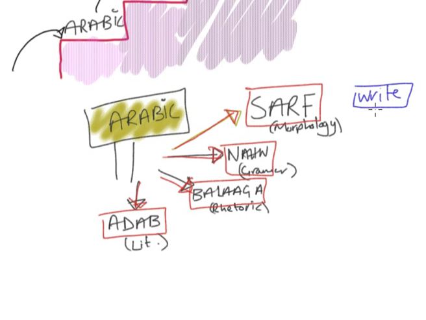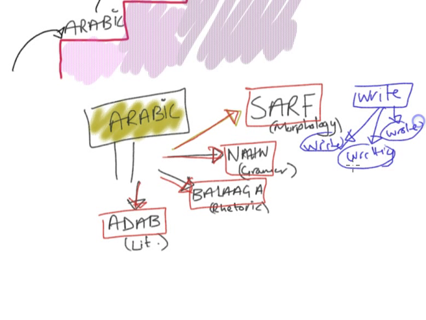Now this word, you can get many derivatives of this word. So you have writer, you have writing, wrote, et cetera. Many words can be derived from the word "write".